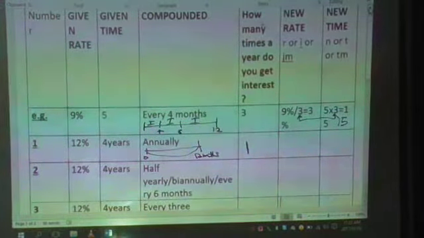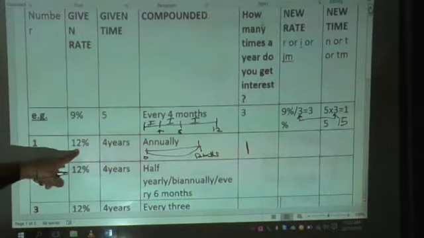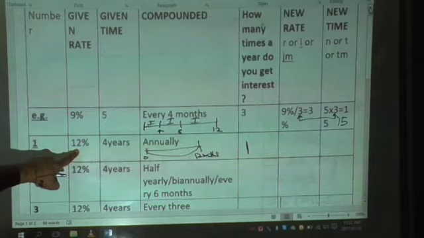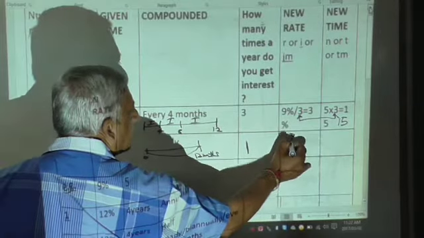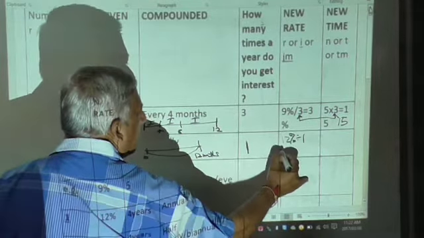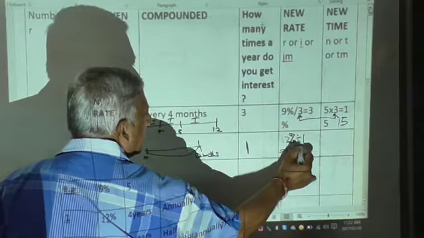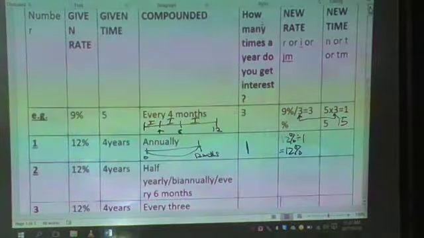Now, if that is 1, what do we do to the rate? The given rate is 12%. We take 12% and we divide it by this 1. So 12% divided by 1 gives the final answer, still 12%. And what do we do with the time?